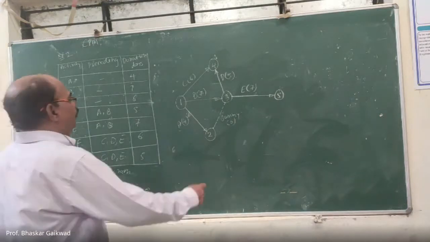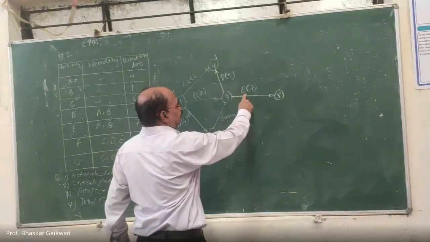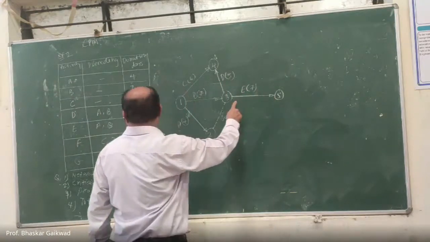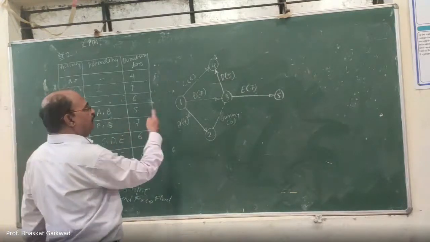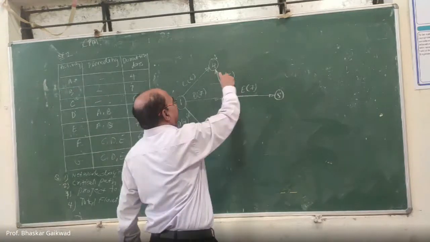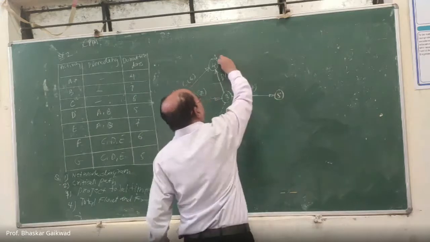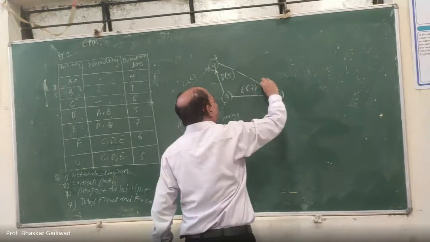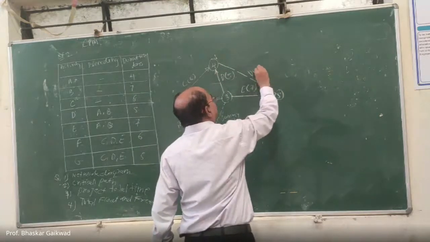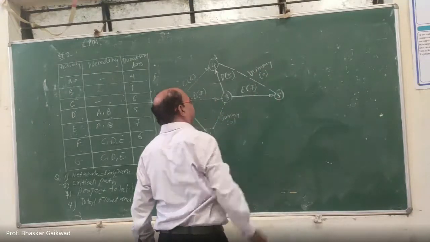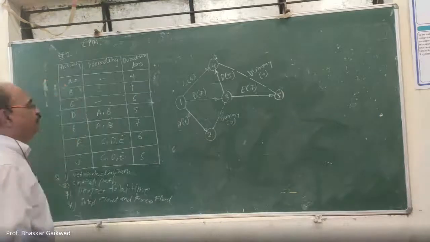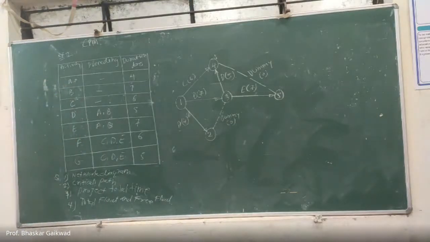Now C and D are here, but E is here. In this case, C and D are expected to be at one place. How can we bring them to one place? We can bring them here by using a dummy activity. So here is the dummy activity, and the total time is 0 for this. And from that F will start.